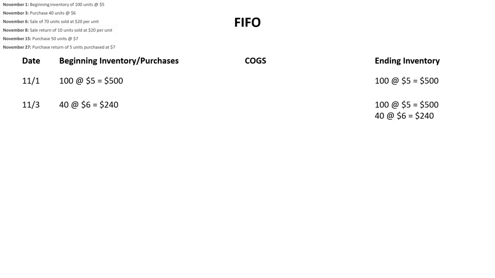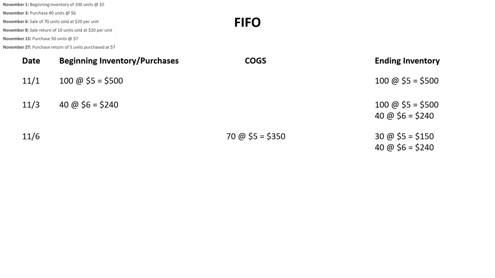November 6th rolls around and we make a sale of 70 units. Now, the information in the upper left also mentions that we sold them for $20 each. That's going to matter if we are ever concerned with the revenue that we're making or the gross profit that we've made. However, when we're just working through to find our cost of goods sold and ending inventory, we can disregard that $20 per unit information.